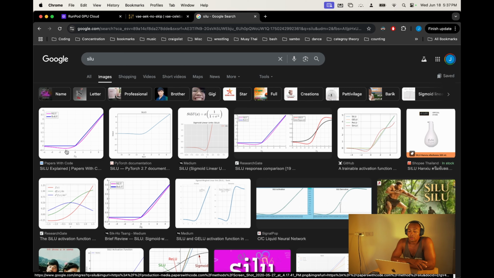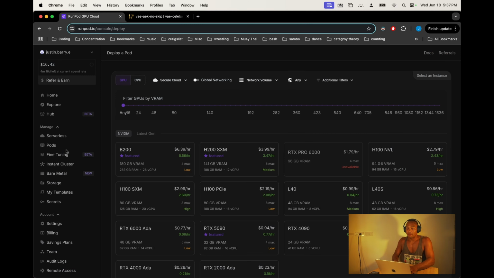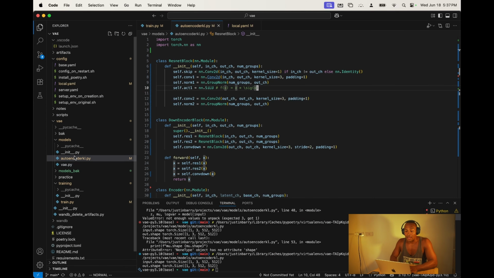And with really deep networks that need to learn a lot of subtlety, your neurons need to be firing for all values of x. So it's just better to use this function that's differentiable for all values of x.